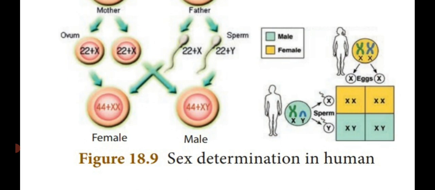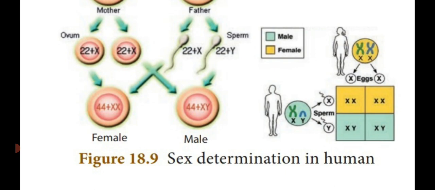See another diagram. The male is denoted in green color, the female in yellow color. On this side, father, then at the top, the mother. Mother producing egg or ova with XX chromosome. Then father producing sperm with XY chromosomes. They are crossed together.